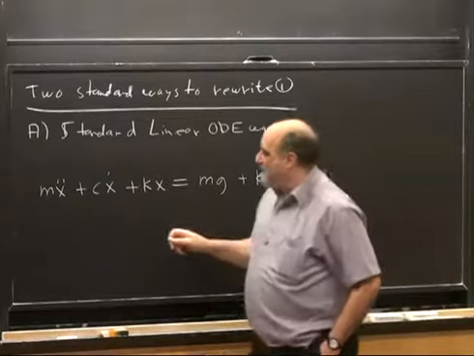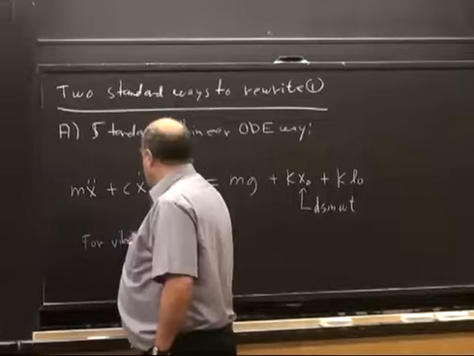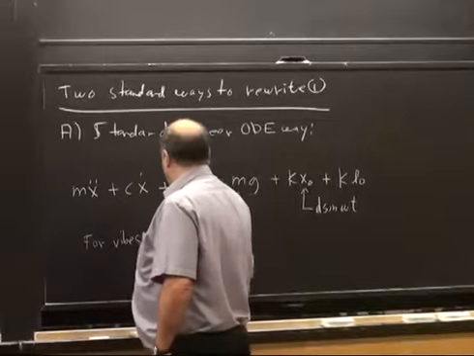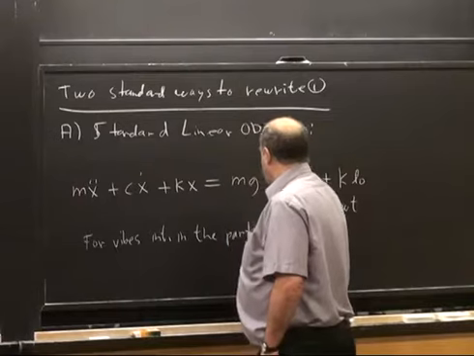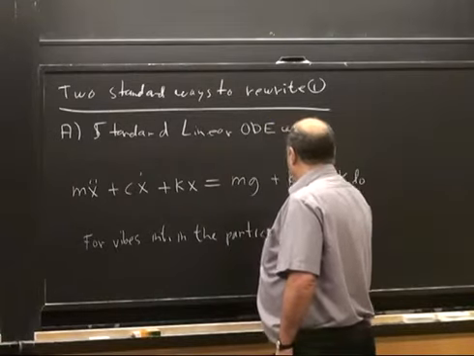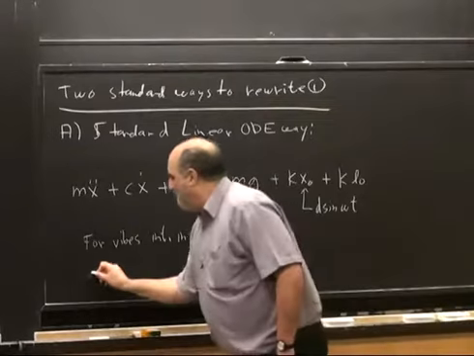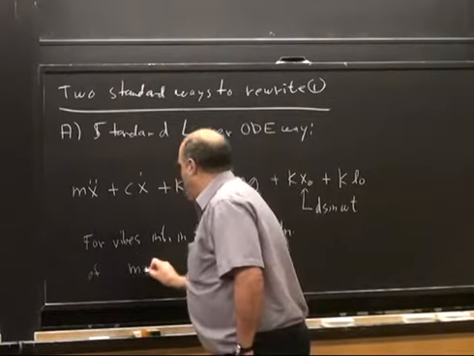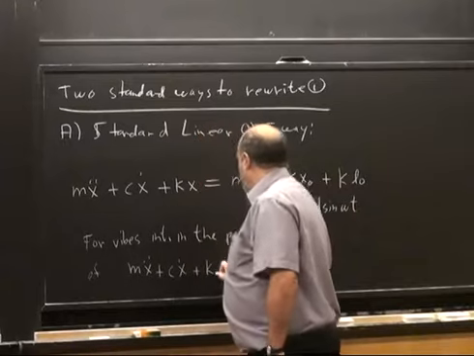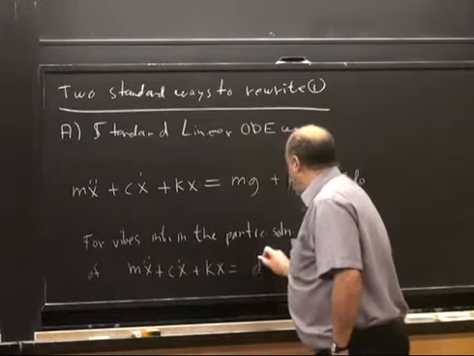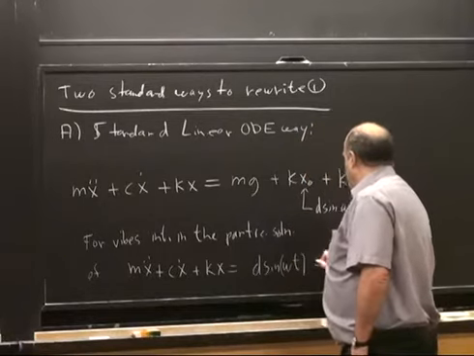Okay, so for vibrations, what we're interested in is the particular solution, which is the steady state solution as opposed to the transient solution, of mx double dot plus cx dot plus kx is equal to d sine omega t. And what is that solution?